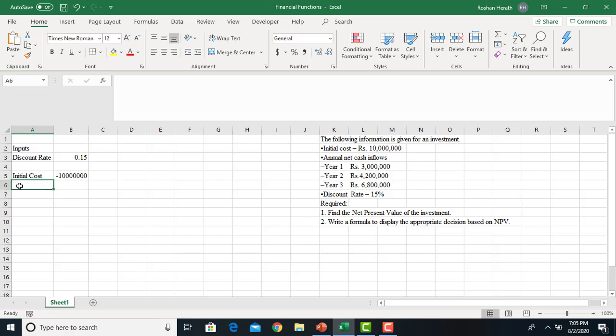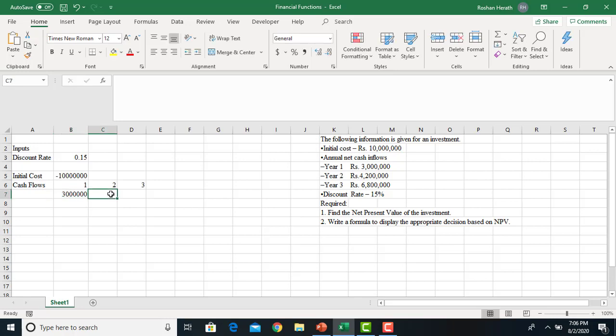Then the cash flows of years 1 to 3 are given. The year 1 cash flow is 3 million cash inflow.